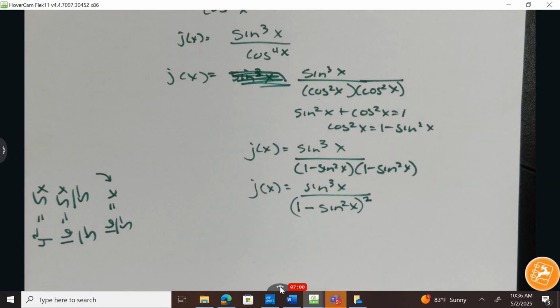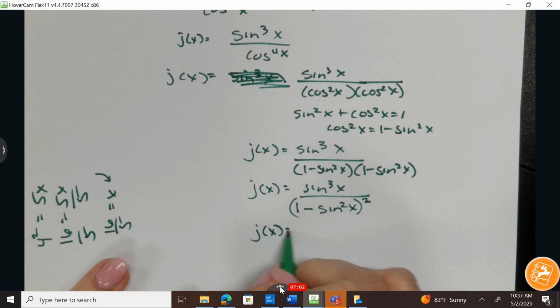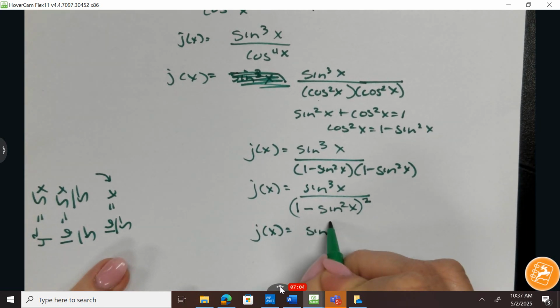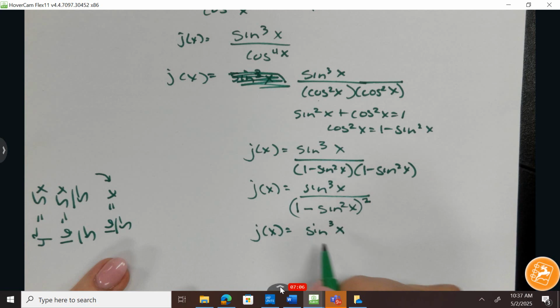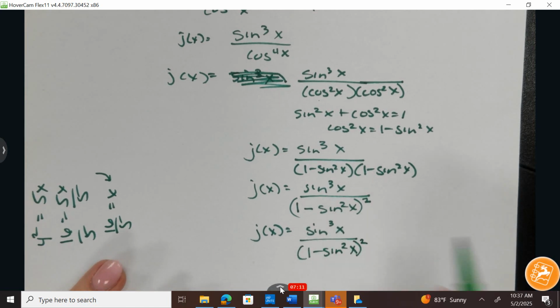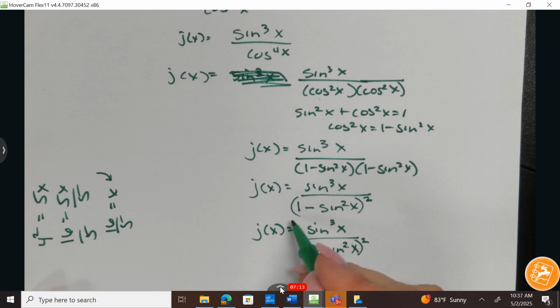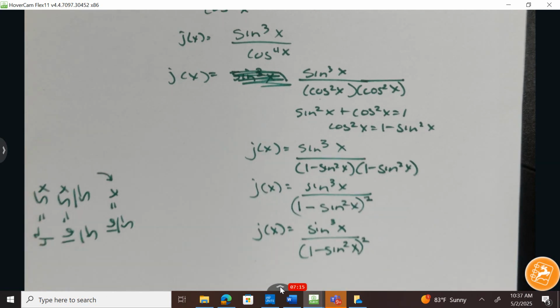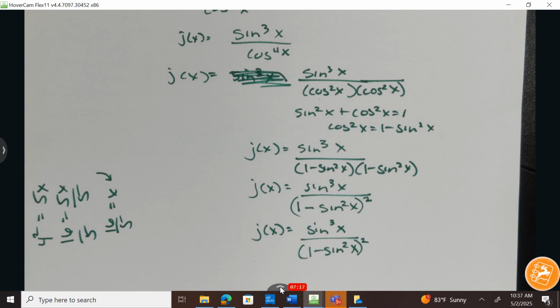And this is where I believe I would stop. I do want to make sure that cubed is up top and it's not confused with a 3x. I believe this is the result rewritten in the form that only has a sine in our final simplified answer.